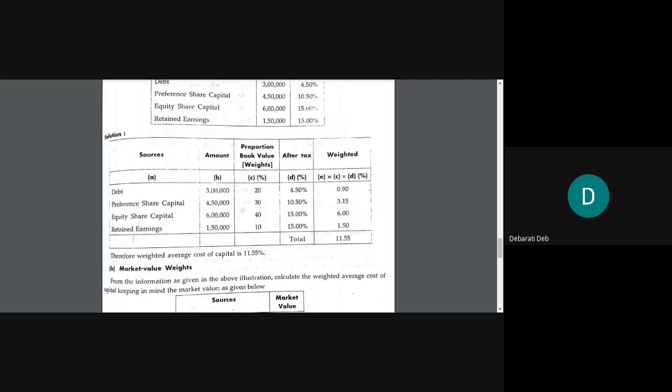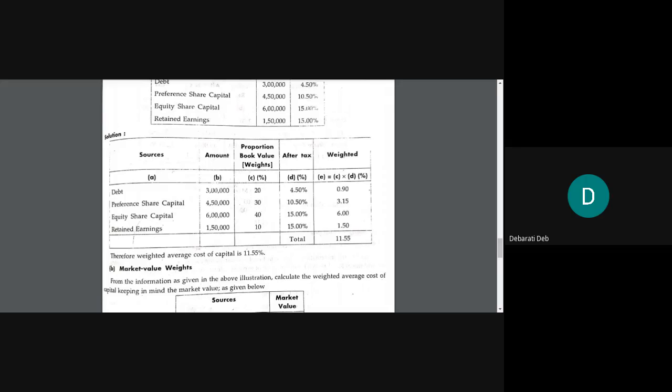You are getting 0.009. Am I correct? With this, you will multiply by 100 and then you will write the exact percentage. The percentage is 0.90.